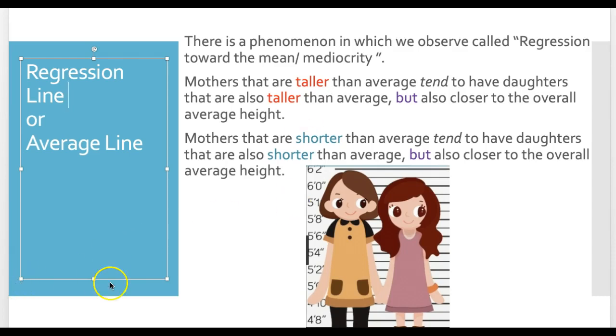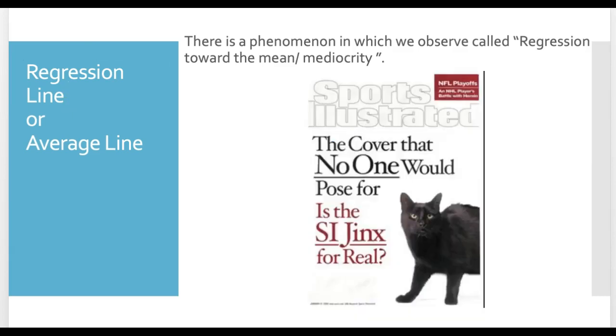But where we see this more recently is in the Sports Illustrated Jinx. I'm not sure if you have heard of this before, but there's a phenomenon called the Sports Illustrated Jinx. These athletes were being recognized for their outstanding performance in their sport, and Sports Illustrated invited them to be on the cover.